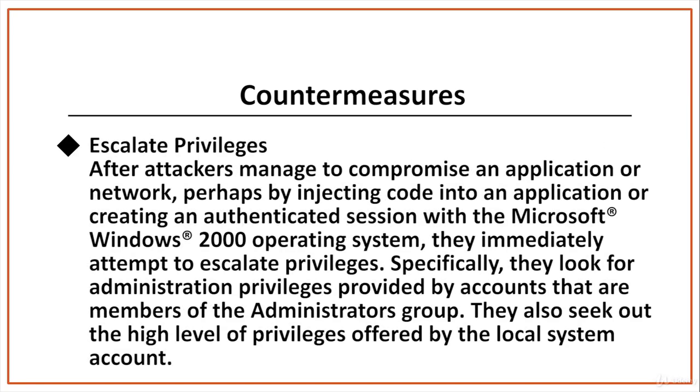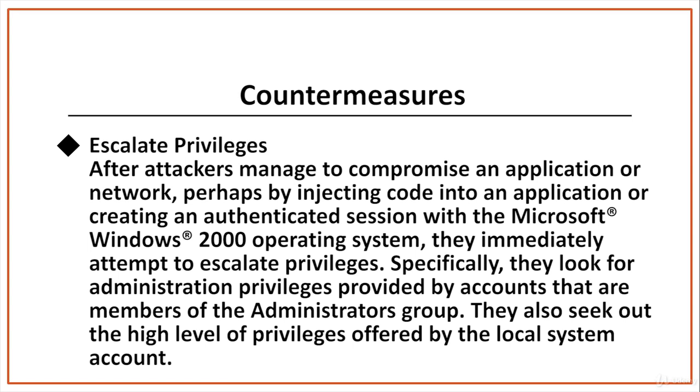Escalating privileges. After attackers manage to compromise an application or network, perhaps by injecting code into an application or creating an authenticated session with the Microsoft Windows 2000 operating system, they immediately attempt to escalate privileges. Specifically, they look for administration privileges provided by accounts that are members of an administrators group.